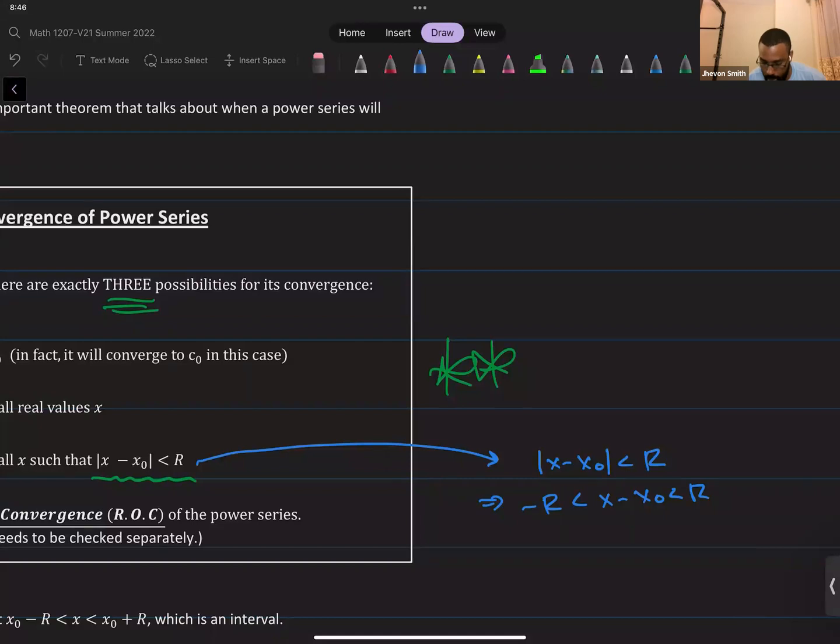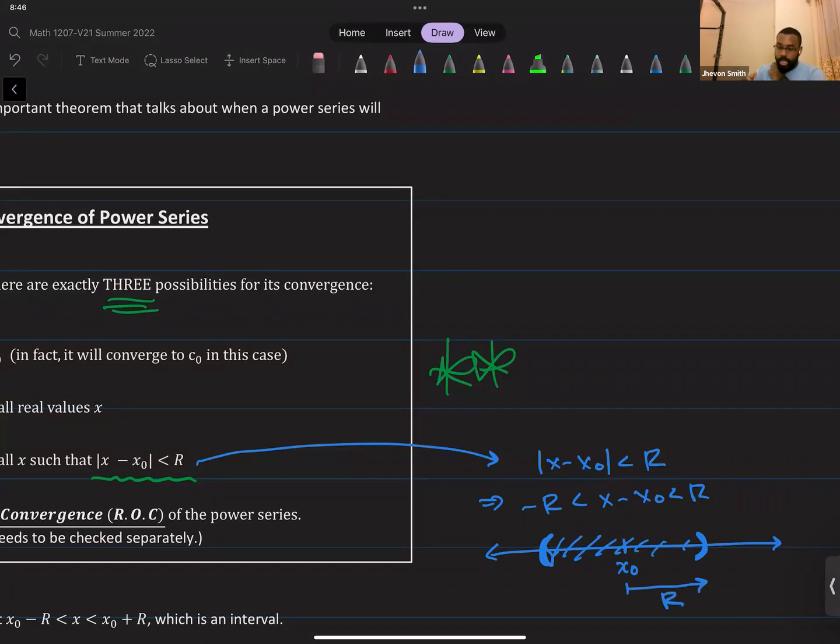And so it's like all points that are within r distance from x naught. This would look like an interval where there's an x naught right here, and you're looking at all x values that show up if I move r units away from x naught.